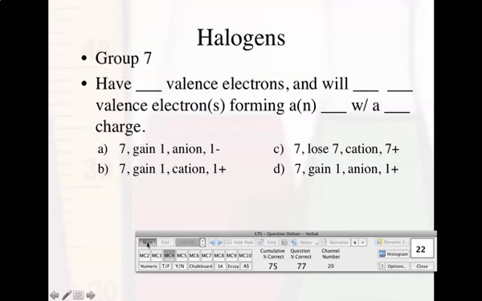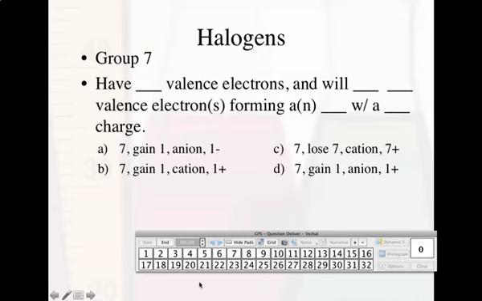How many valence electrons do they have? Will they gain or lose electrons, and how many? Would they form an anion or a cation? And what would their charge be?